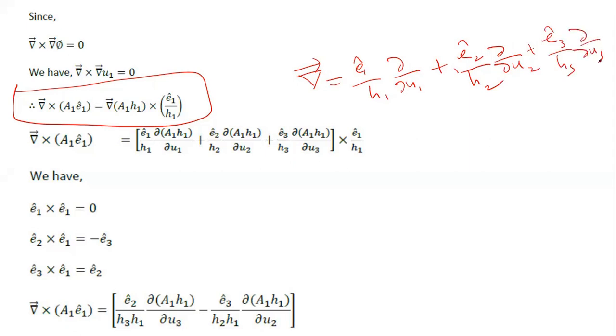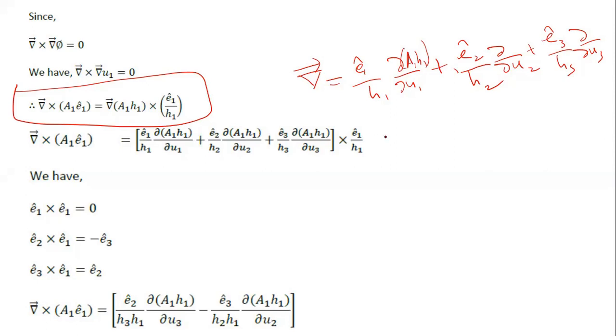So if you use this del operator in orthogonal curvilinear coordinate system, this is what you will get, right? You just have to put a1 h1 here, because the del operator is operating on a1 h1. Now e1 cross e1 cap.